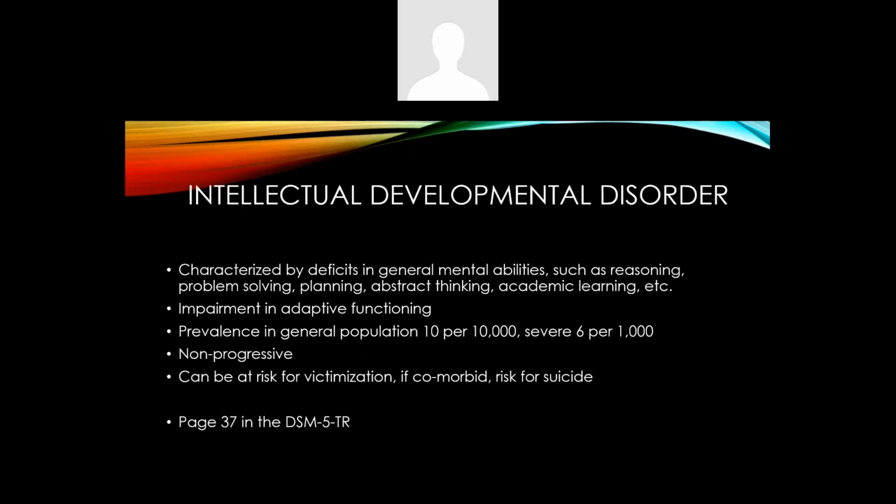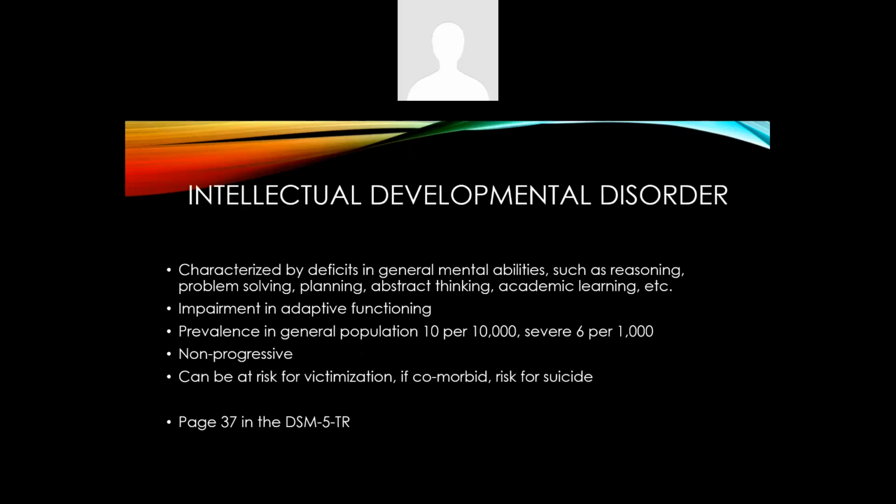This is about 10 per 100,000, and a severe prevalence would be about 6 per 1,000. It is non-progressive, so it's not something that's going to get worse over time. It's going to stay fairly stable. It is important to note that people who have this diagnosis are very much at risk of victimization.